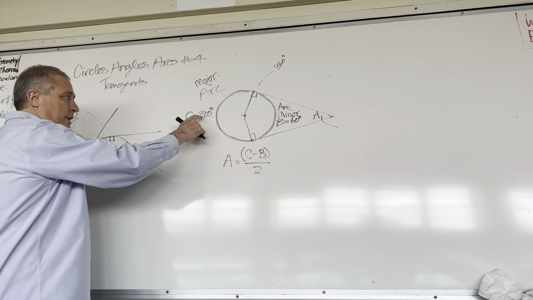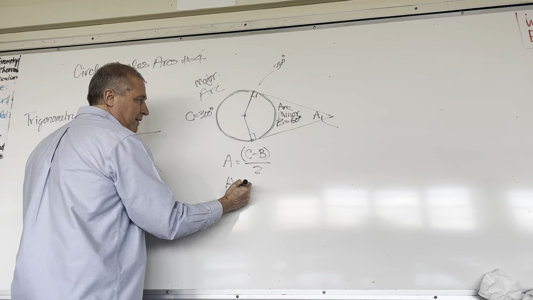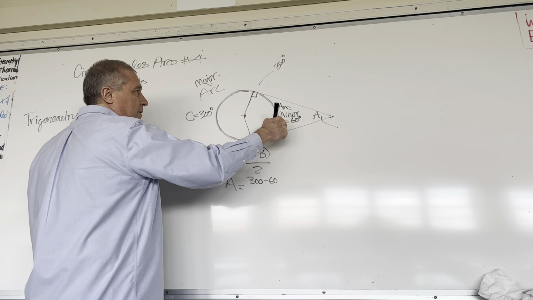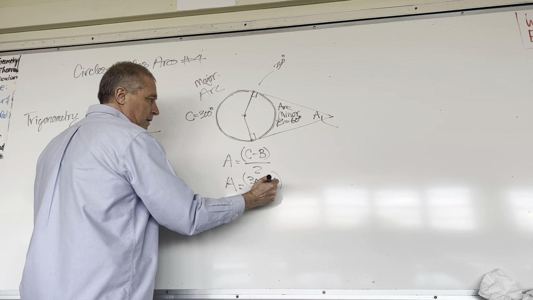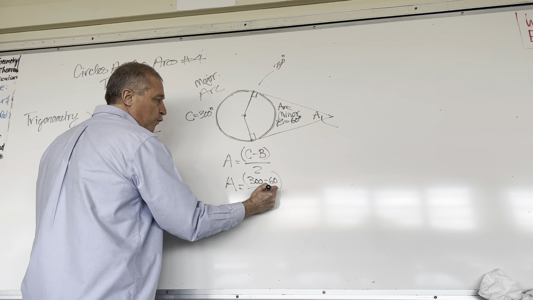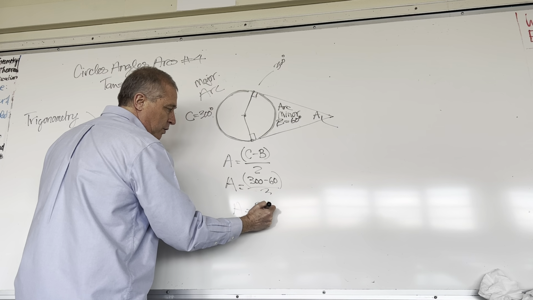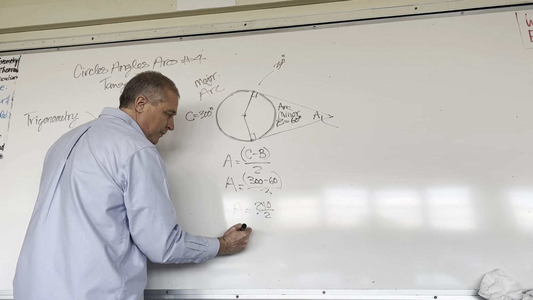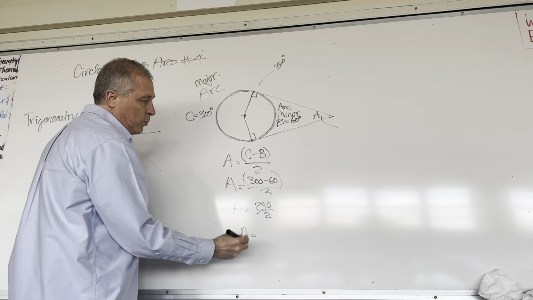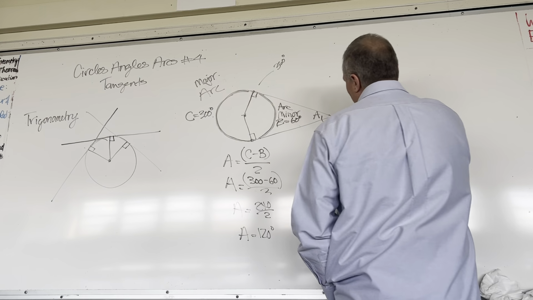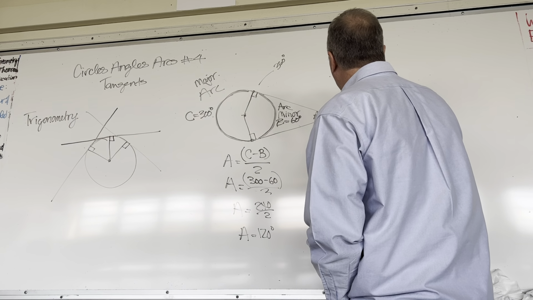So if this one's 300, then the measure of A is simply 300 minus the 60, which is B. 300 minus 60 is 240. So 240 divided by 2, and A equals 120 degrees. So this angle in here will be 120 degrees.